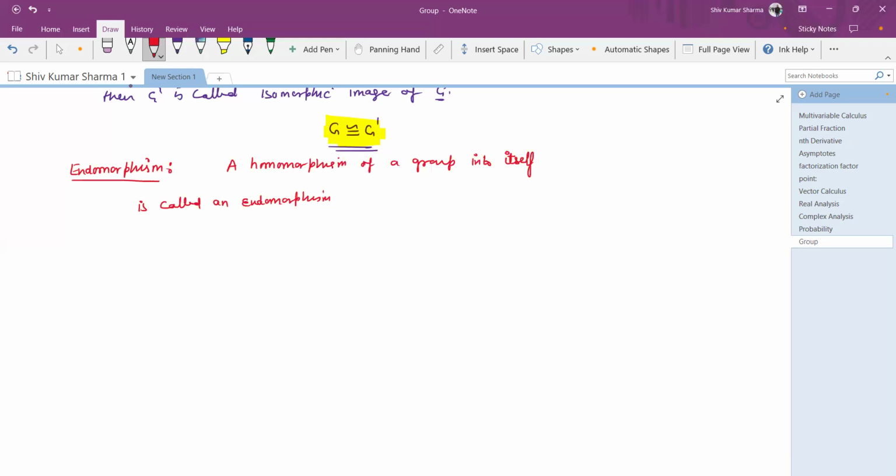So that means a homomorphism from G to G is called an endomorphism.